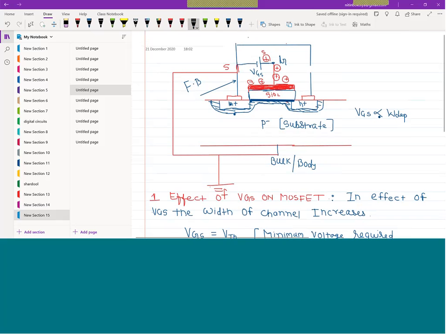So we can say this is N. I am connecting this VDS.